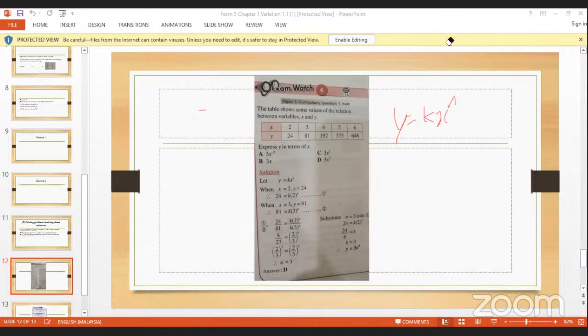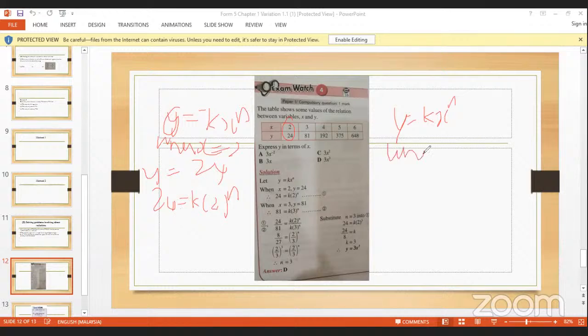So what we need to do is use y equal to kx^n. When x equal to 2, y equal to 24, so 24 equal to k times 2 to the power of n. And when x equal to 3, y equal to 81, so 81 equal to k times 3 to the power of n.